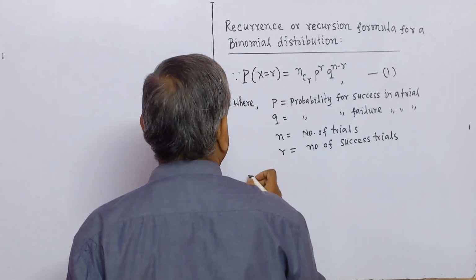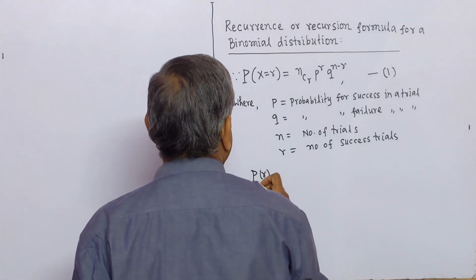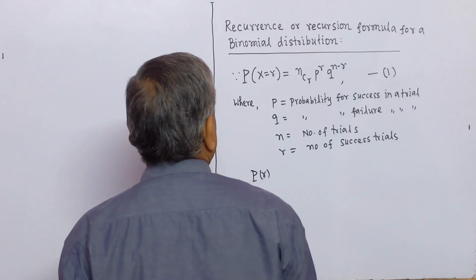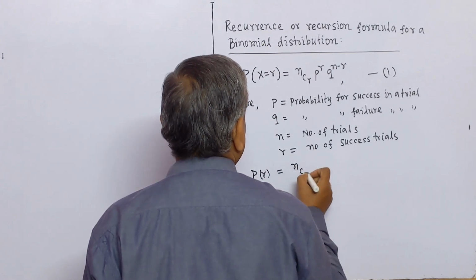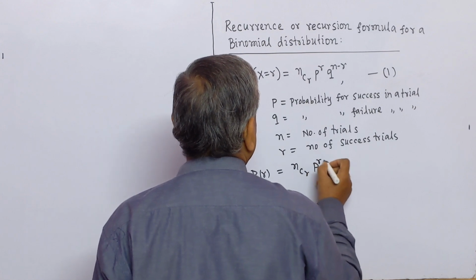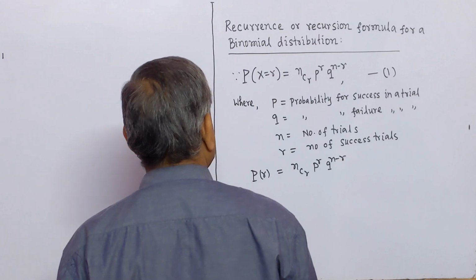We may write this as P(X = r) = nCr p^r q^(n-r).